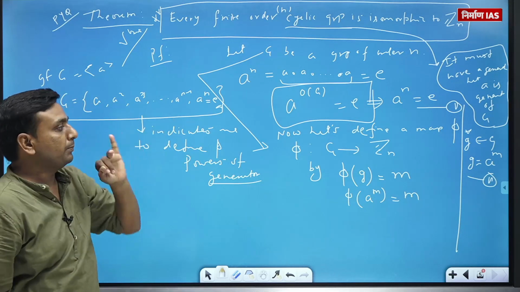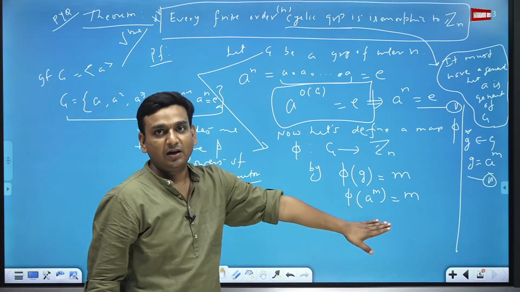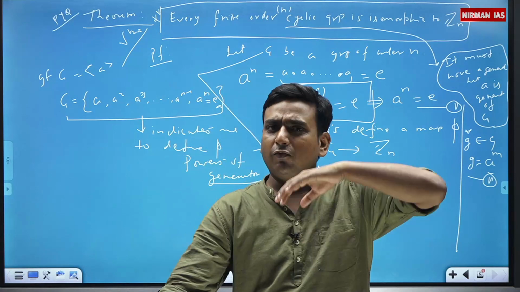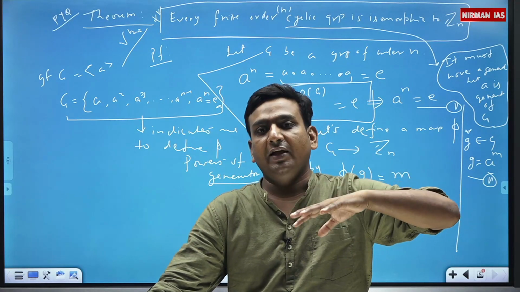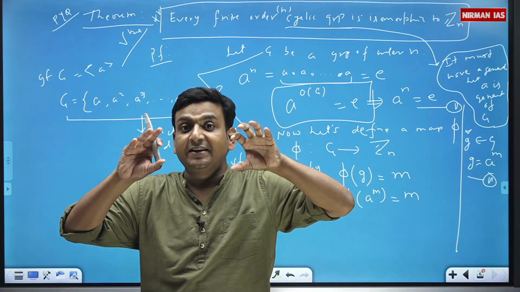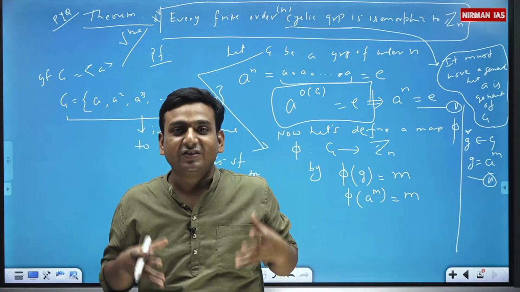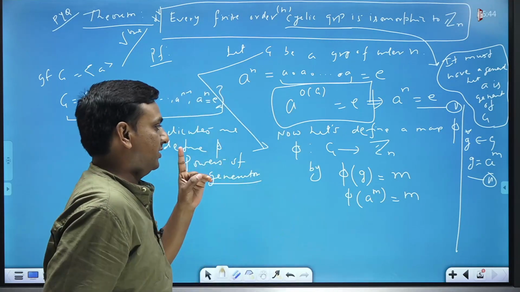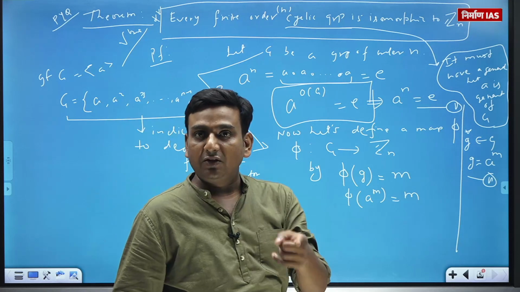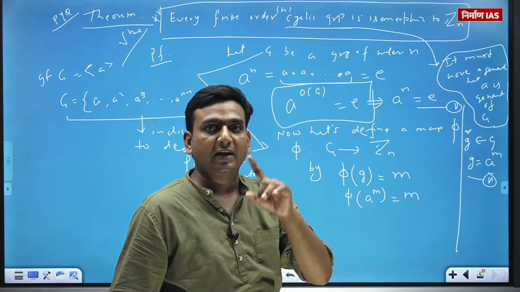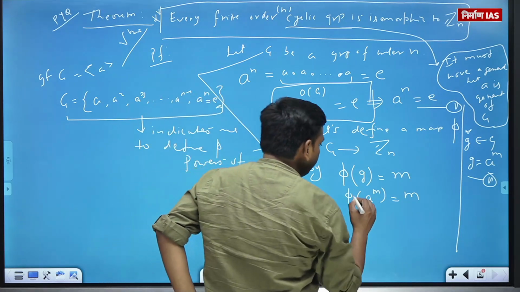This a is being composed. You got the formula? Similarly, whatever mapping you are trying to define, you will use the identity of your groups. So this is how intuition comes. If you are still not clear, please go back to the statement and listen to it again, see it again.